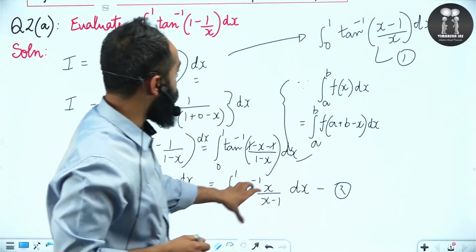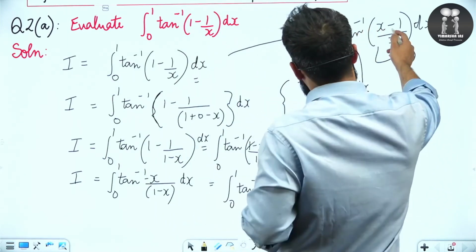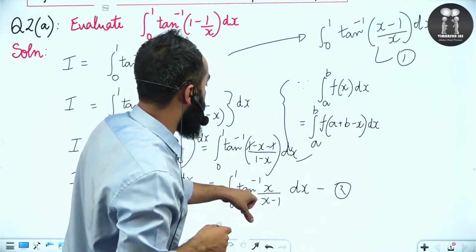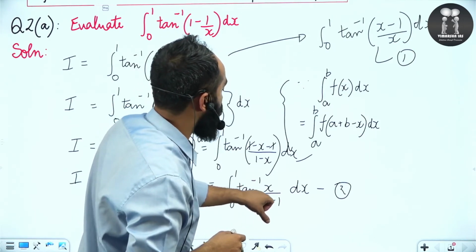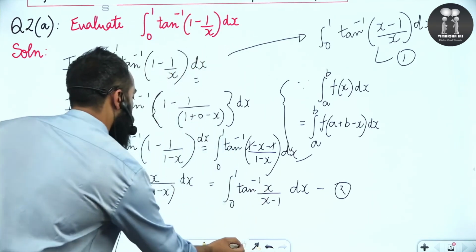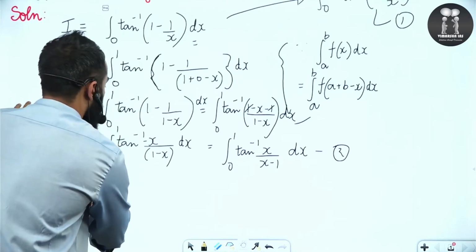You can see some similarities here. It's like tangent inverse of x minus 1 by x and it is the reciprocal of this, tangent inverse of x by x minus 1, with x minus 1 in the denominator and x in the numerator. So we will use another property of tangent inverse function.